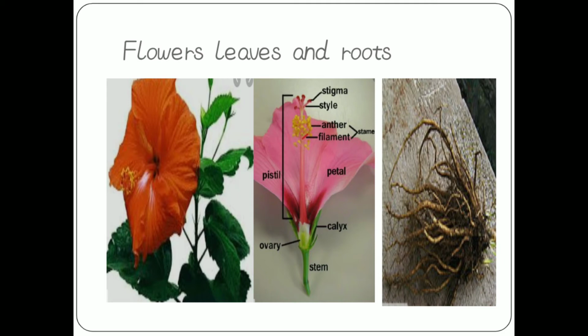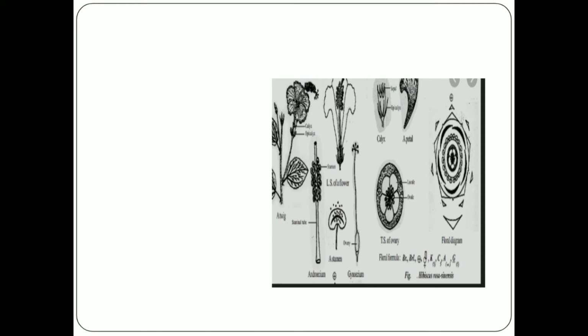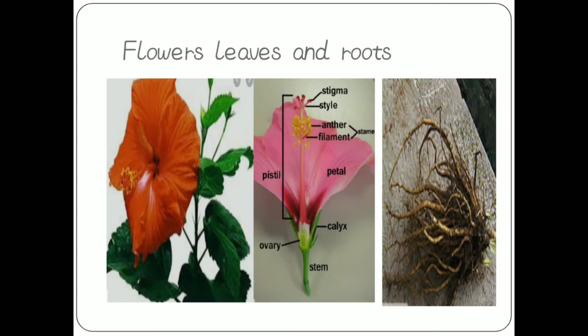Petals are free and have attractive colors. Then stigma, style and ovary are the parts of the female gynoecium, and the yellow powdery structure set around the style is called the anther, which is connected by the filament.